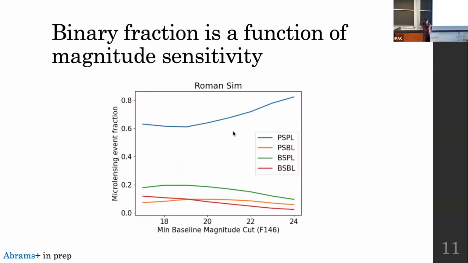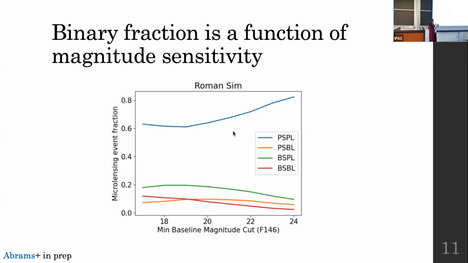And so what about for Roman? Using the set of simulations that Jessica introduced, we can look at the binary fraction as a function of our magnitude sensitivity. The way to read this plot is that each curve represents a set of microlensing events. Blue is single source, single lens, orange is single source, binary lens, and we are plotting the fraction as a function of the minimum baseline magnitude cut that we make.